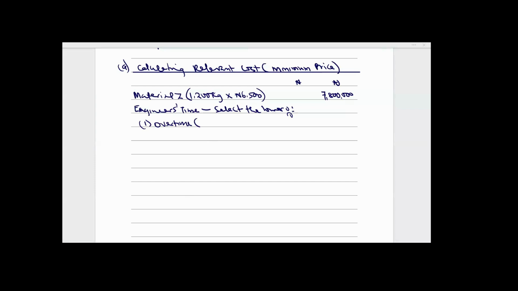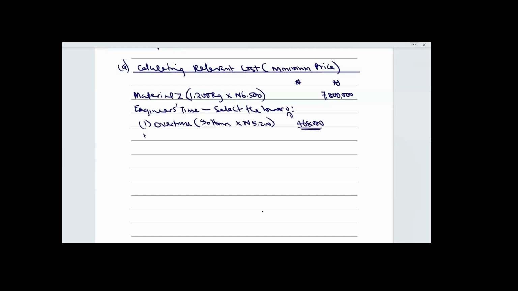At 5,200 naira per hour. 90 hours multiplied by 5,200 naira per hour. So multiply for me, what do you have? 90 multiplied by 5,200, what do you have? 468,000. Okay, so you close this.